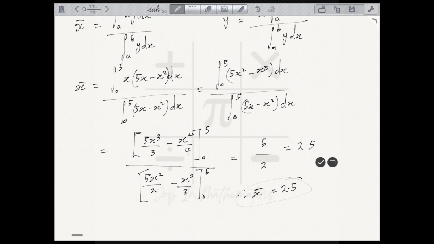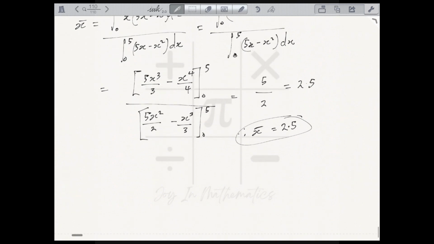We do the same likewise for y bar. So y bar from the formula is given as 1 over 2 integral of a to b of y squared dx divided by integral of a to b of y dx.